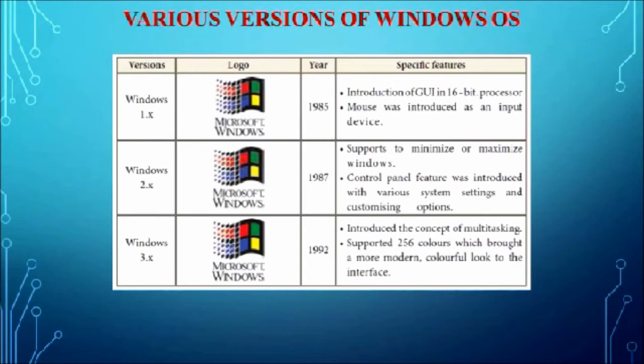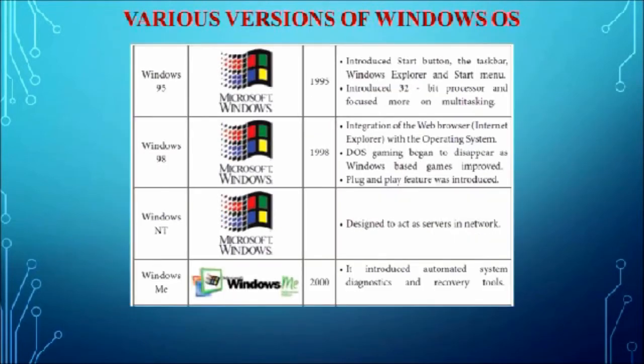The next version of Windows is Windows 95, which was developed in the year 1995. The specific feature of this operating system is introducing the start button. The taskbar window expands and the start menu appears on the screen.